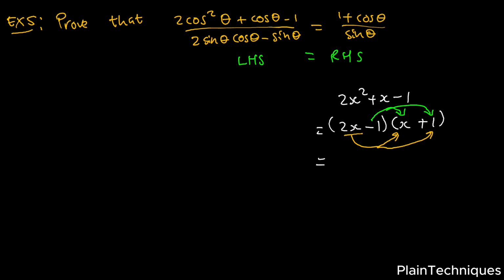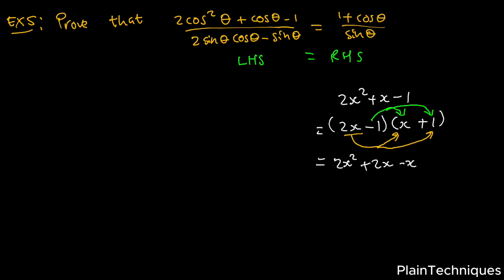Right? Let's do that. So 2x multiplied by x, that will be 2x squared. And then 2x multiplied by positive 1, that will be positive 2x. All right? Now, what do you have? Minus 1 multiplied by x, that is minus x.